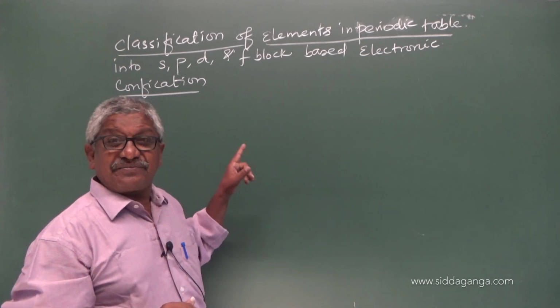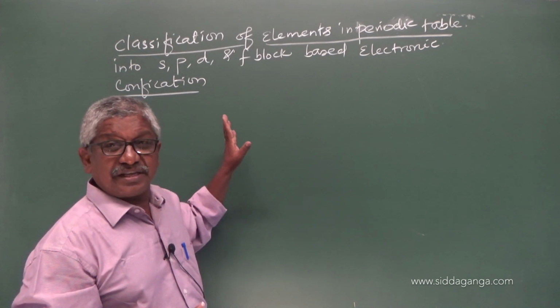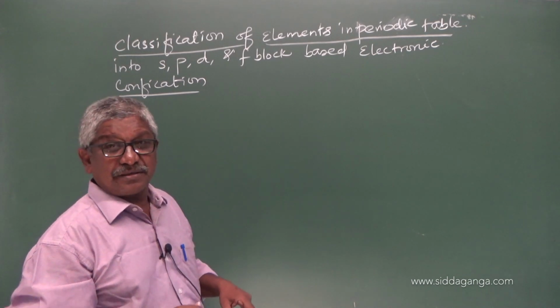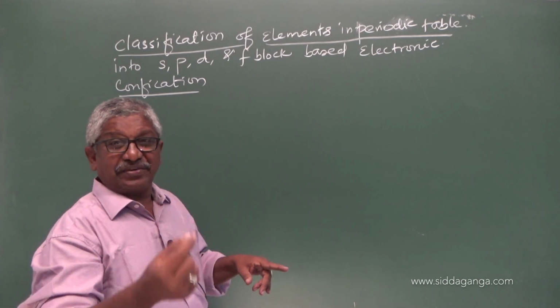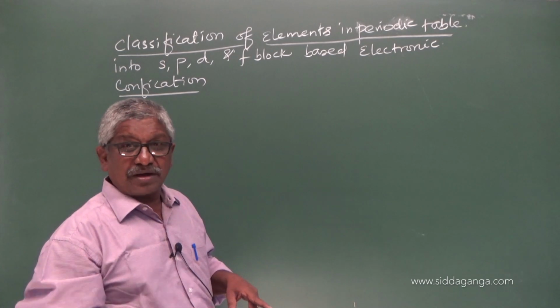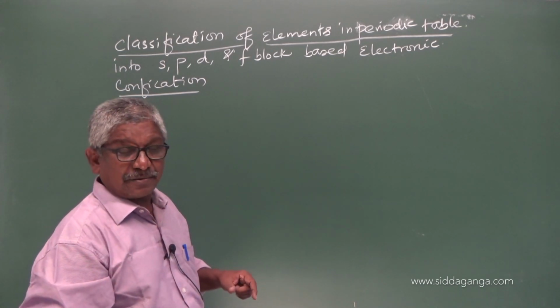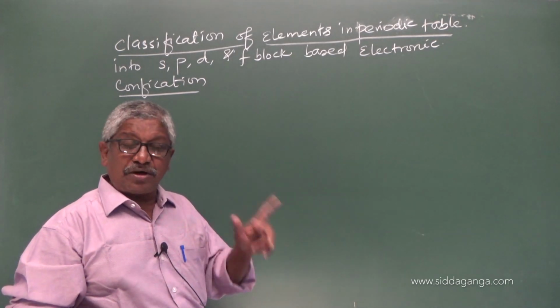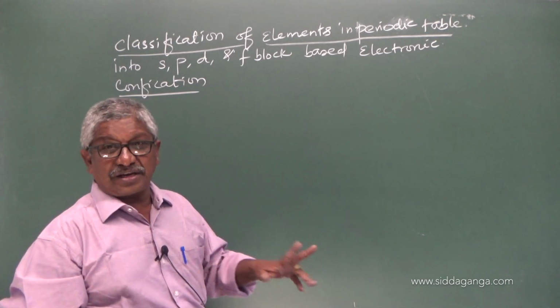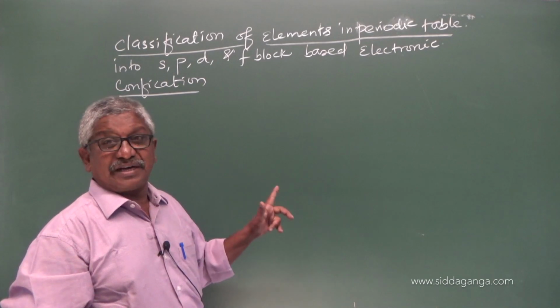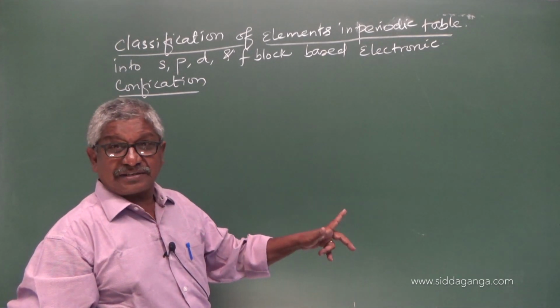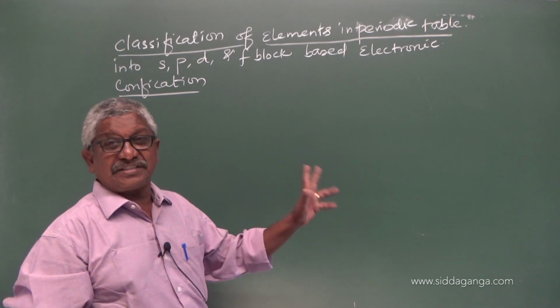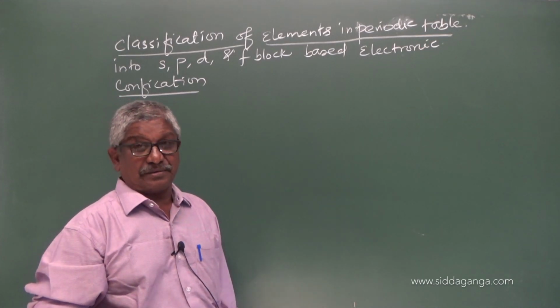If it is filled in S block, then it is an S block element. If the last electron is filled in P block, it is a P block element. If the last electron of the atom is filled in D block, it is a D block element. If the last electron is filled in F block, it is an F block element.